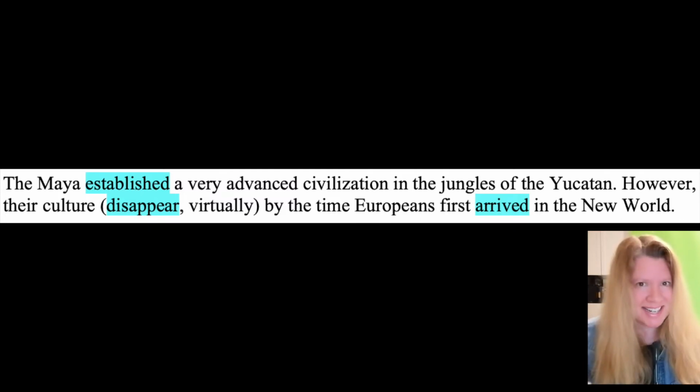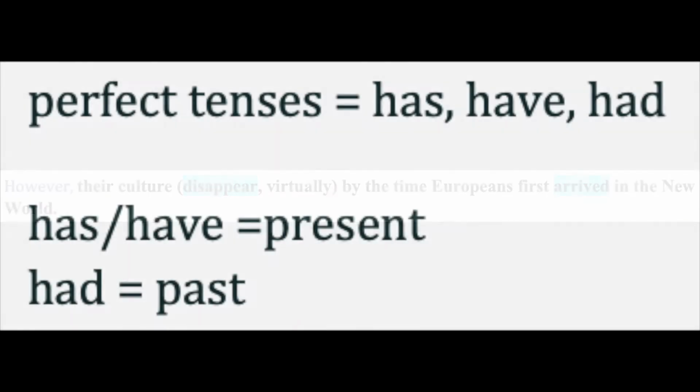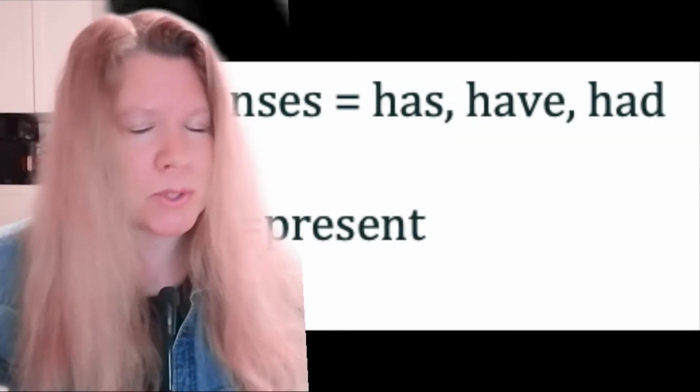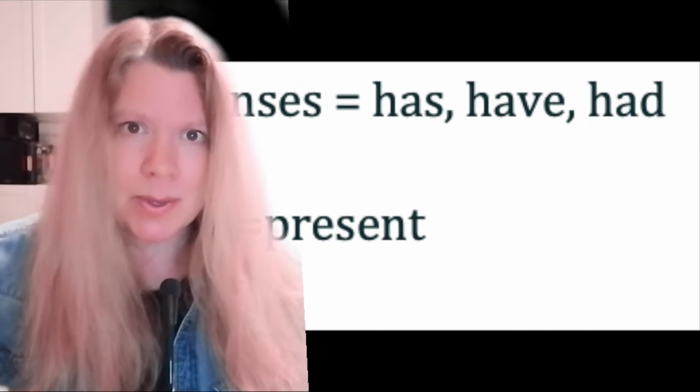Okay, here's a hint. You have to focus on the second sentence. We have to use the past perfect tense. Okay, don't let those words scare you. Oh, don't worry about those 3 words. Think of it this way.